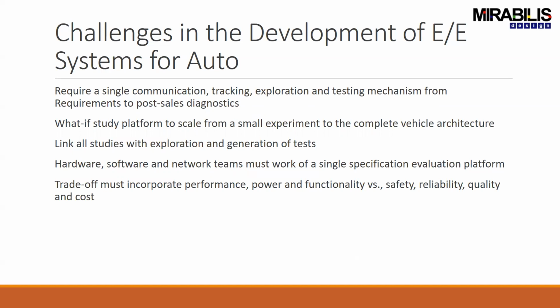Most of the time, network engineers use one tool for their exploration, and hardware engineers use another set of tools and sources online to conduct their research. But there is no single platform where they can combine all of these studies and test them together.